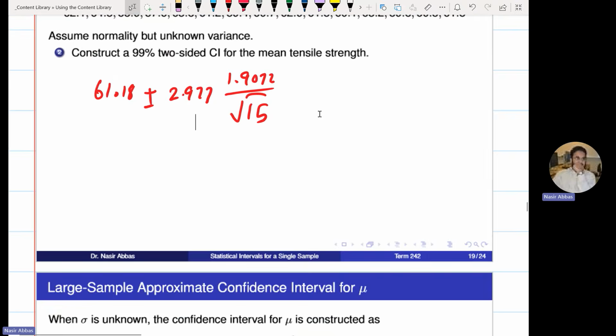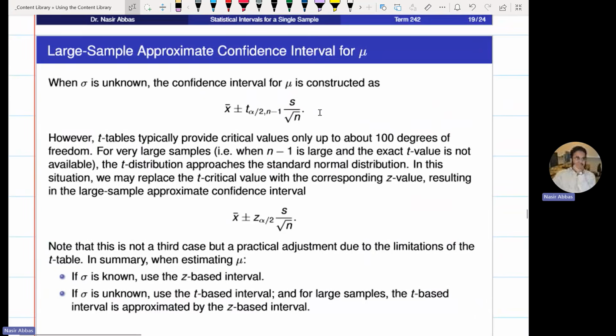This kind of confidence interval is called a large sample approximate confidence interval for mu, where you replace the t constant by a value from the z table. That's it.